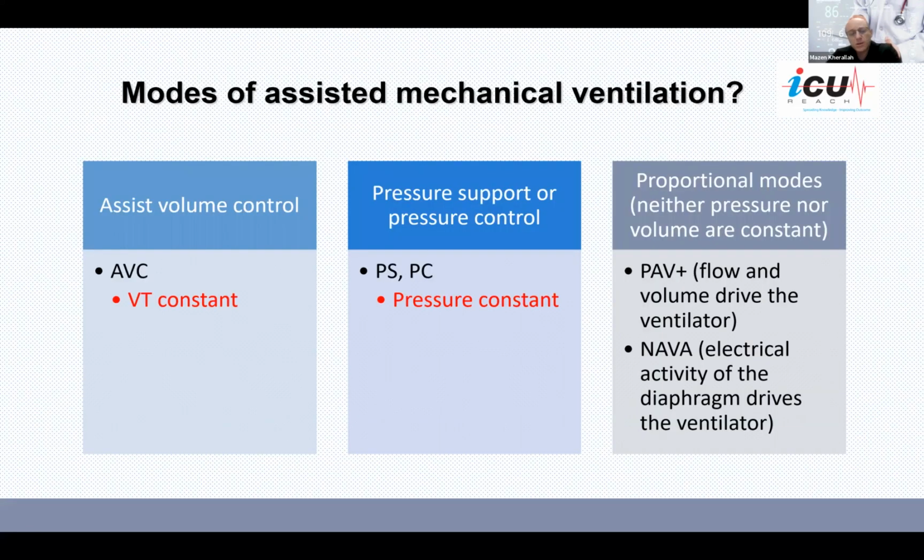In the traditional modes of ventilation, such as the assist control mode, the volume is constant, meaning that we fix the volume and then the pressure will be dependent on the airway resistance and the lung and chest wall elastance.